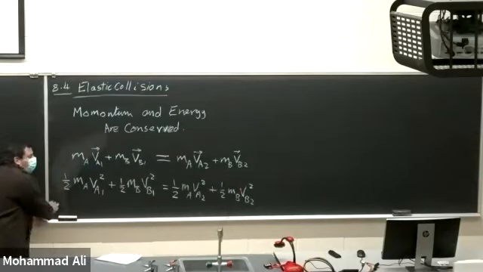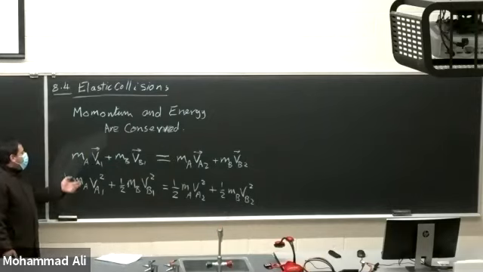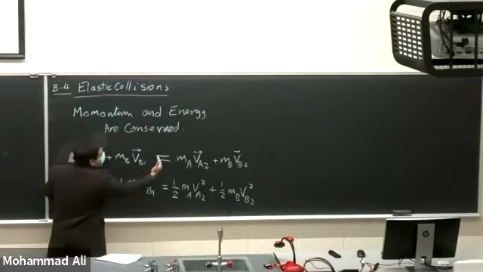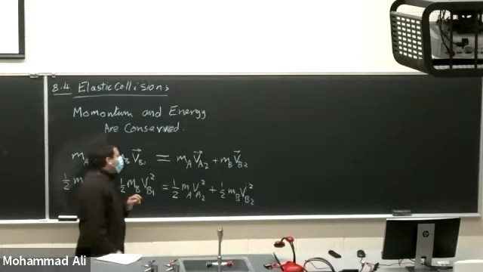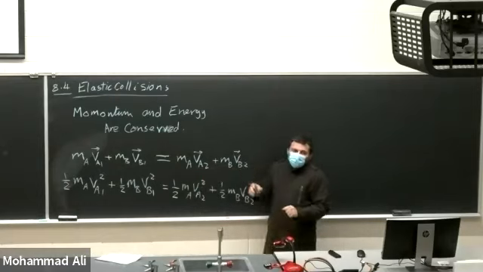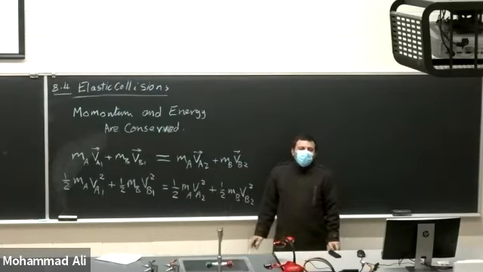In general, in our examples, we gave you the masses and the velocities before the collision. We have the information before the collision, and we ask you to find the velocity after the collision for A or B using these relations.